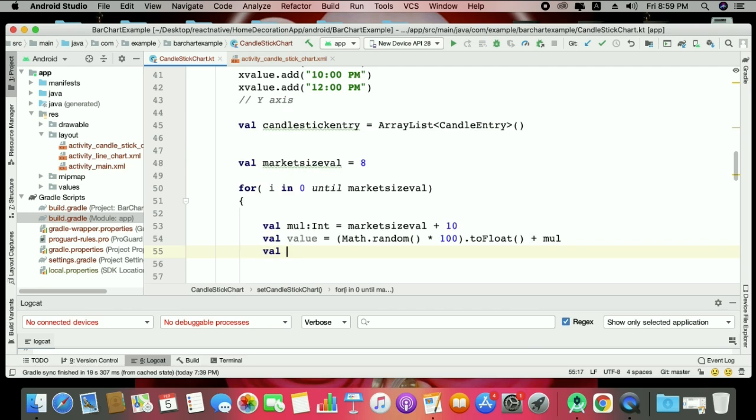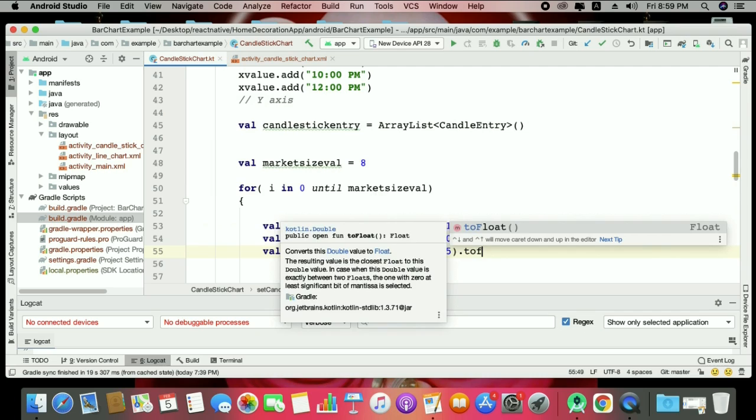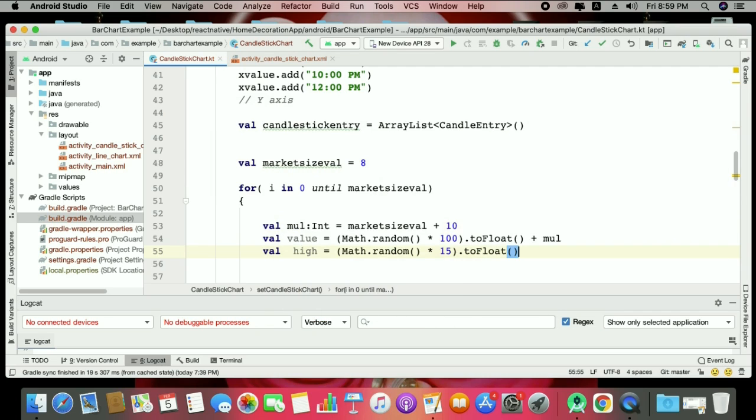And this is your val. If you want the high value, you can say again Math.random, just copy paste it, and here you can multiply with 15 and toFloat, and that toFloat you can use any value, like 8f or 10f or whatever.